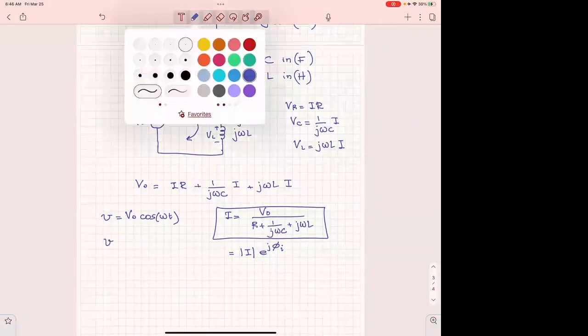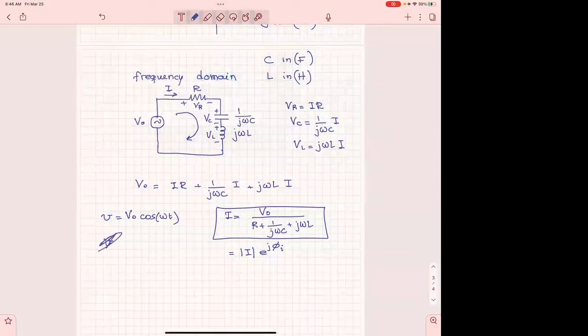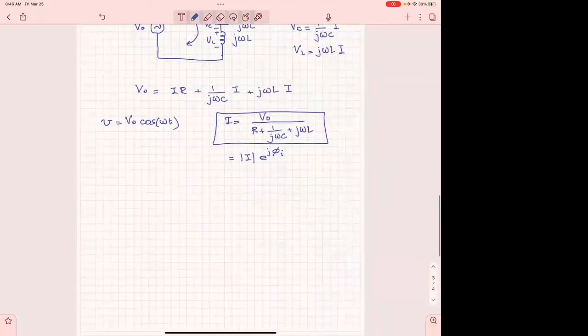So how do I go back from frequency to time domain? The conversion from frequency to time happens as follows. Here you have frequency and here you have time.